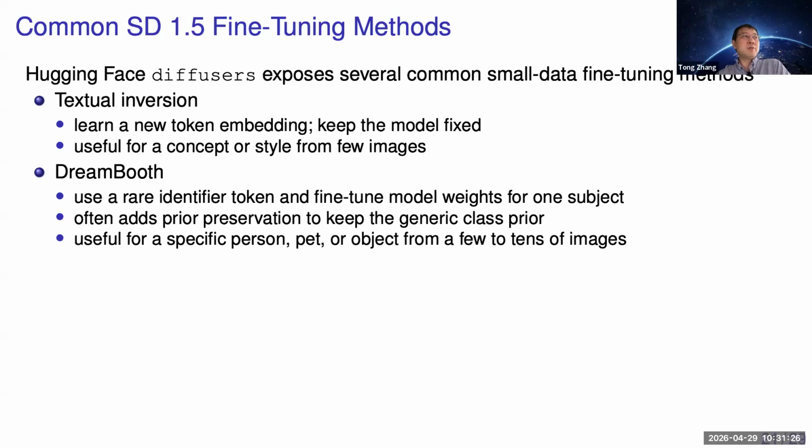But if you say black dog, they should still generate a generic black dog. So prior preservation adds regularization using images generated by the original model as a regularizer, so that for a generic prompt like black dog without the special token, the fine-tuned model behaves similar to the unfine-tuned model. And with this special token, it does something associated with the particular fine-tuning images you have.